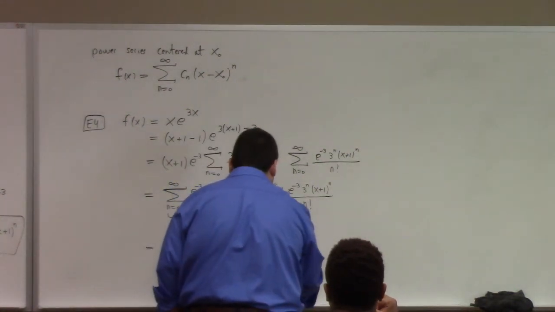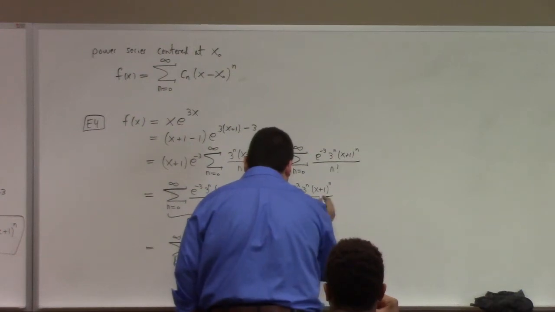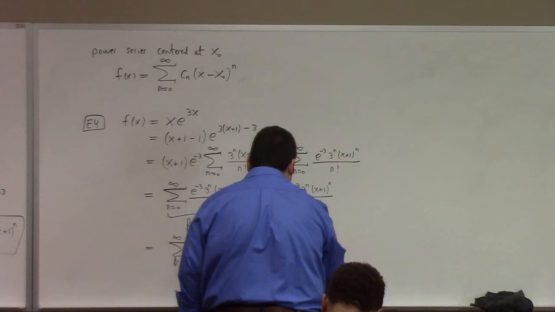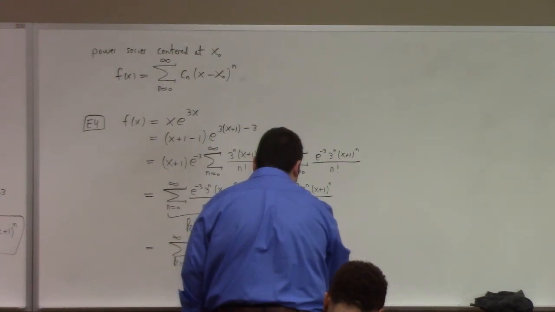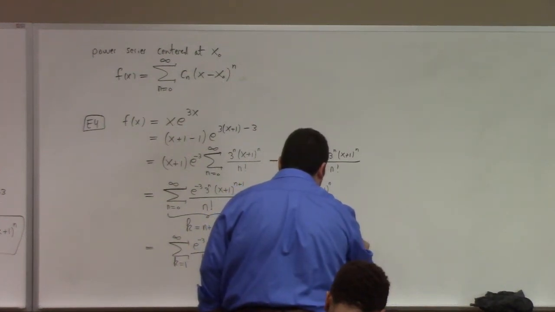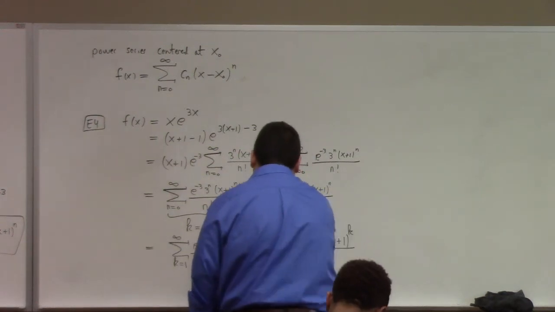And then I can just put n equals k on the other sum. Of course, this is a different meaning for the k than in the first one.